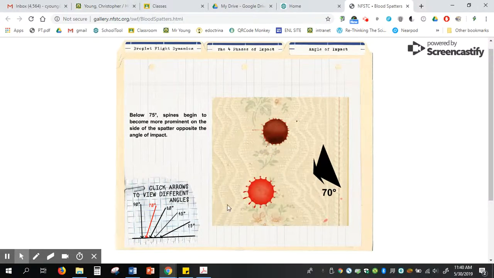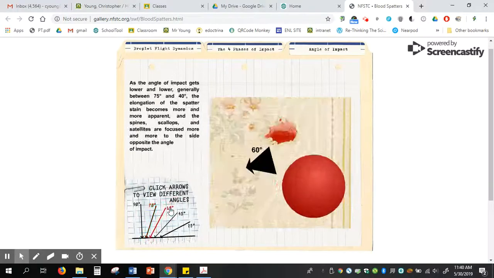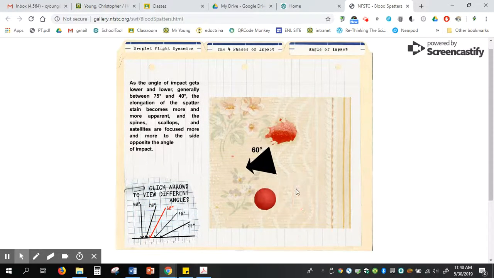The momentum carries those spines forward. I'm going to click on 60 degrees. At 60 degrees, you can see the blood droplet gets more and more stretched out. Those spines and satellite spatter become more extreme on the side away from where it hits.